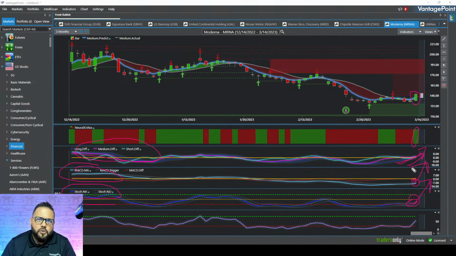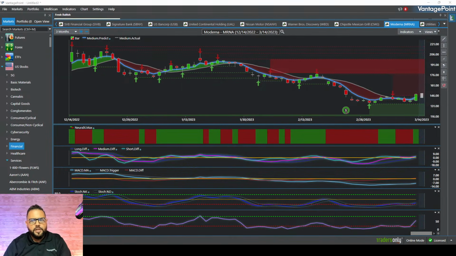And by the way, fresh crossover, that's my terminology. You call it what you want, but I like to call it that because these are fresh indications of bullishness. And when I look at that, I can see that it's broken through that resistance.